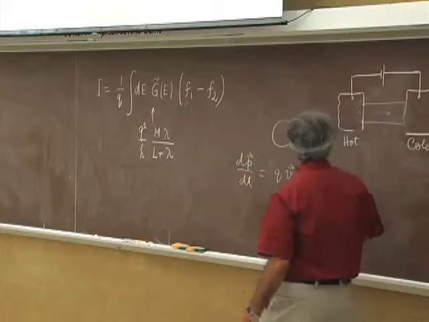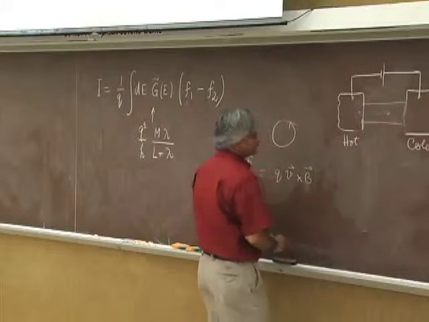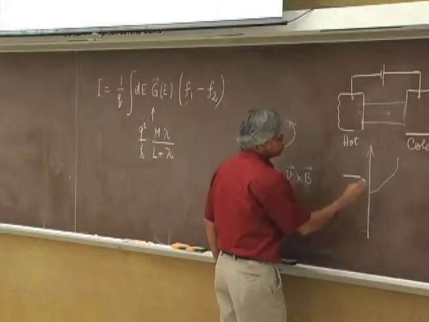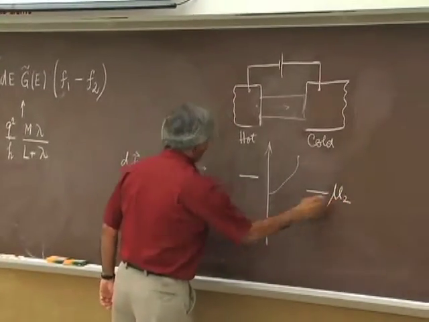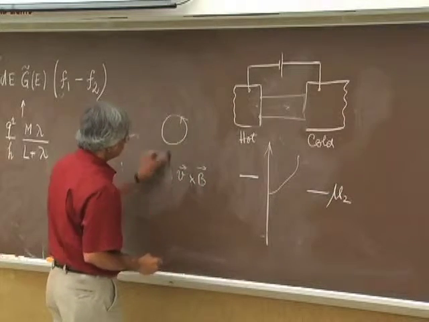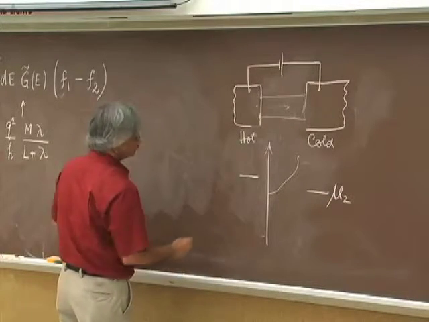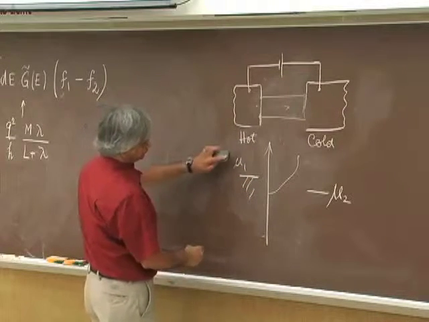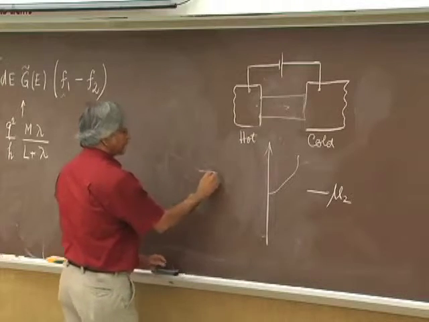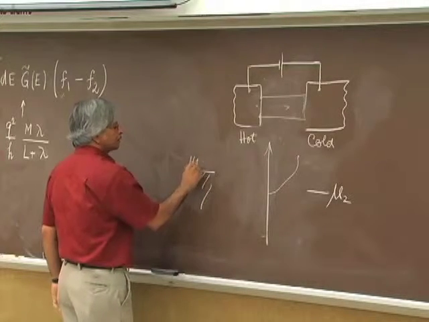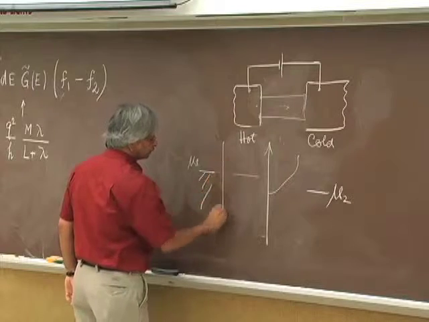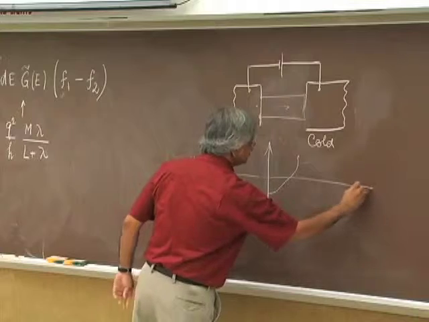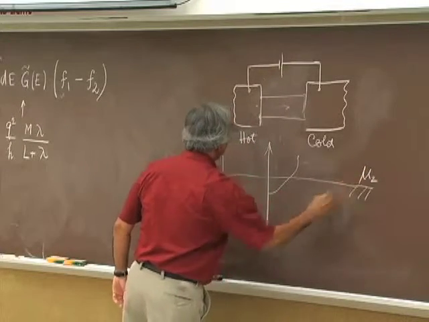So the picture I had drawn before, you had a density of states here, and you have a mu, and this is mu1, and this is mu2. Yeah, so let me draw this here. So when I draw the Fermi function, the way I want to draw it is both sides have the same mu, but they have different temperatures.